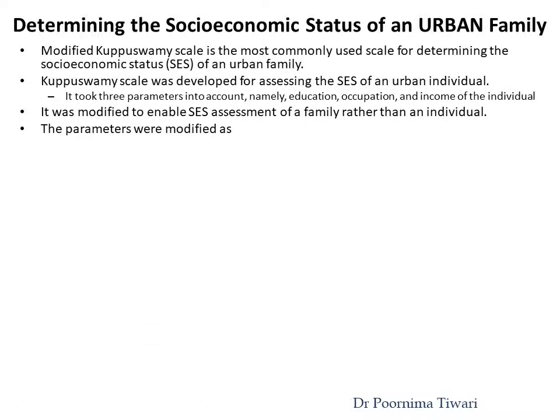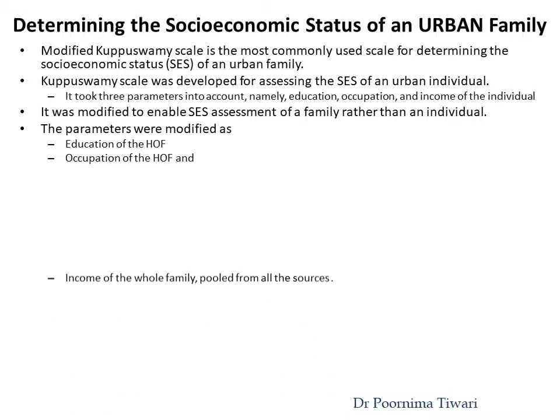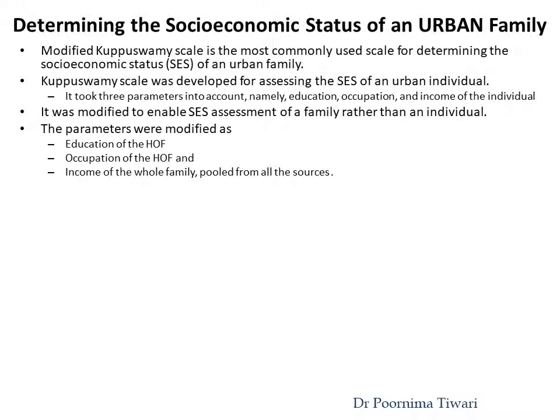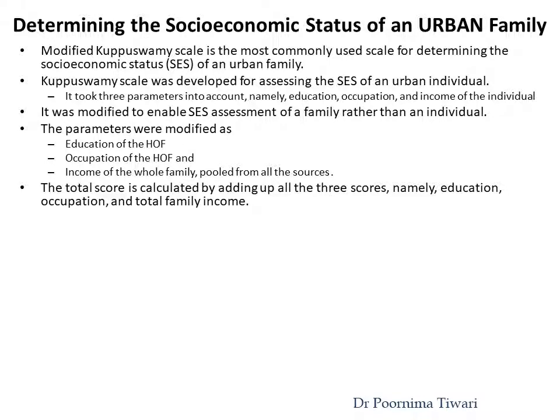Modified Kuppuswamy scale takes 3 parameters into account: the education level of the head of the family, occupation of the head of the family, and income of the whole family from any source. So all sources are pooled together to make the income of the family. Then scores are given to the education of the head of the family, occupation of the head of the family, and to the total income of the family.